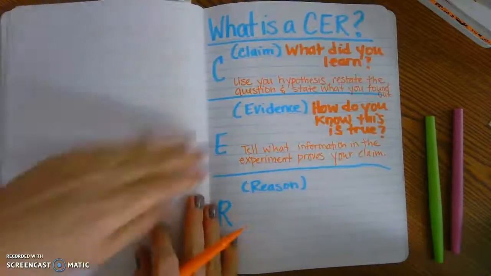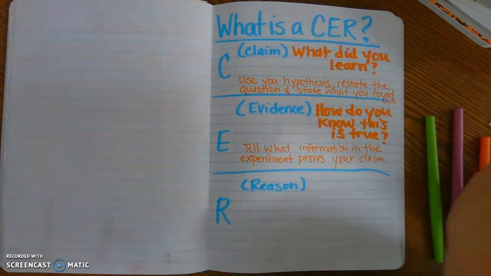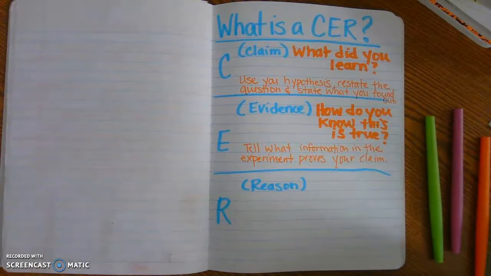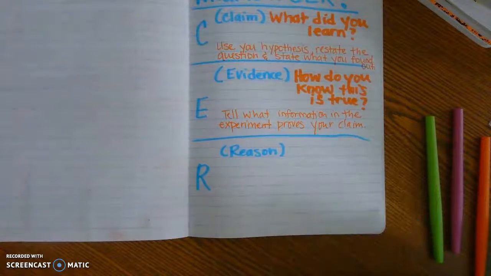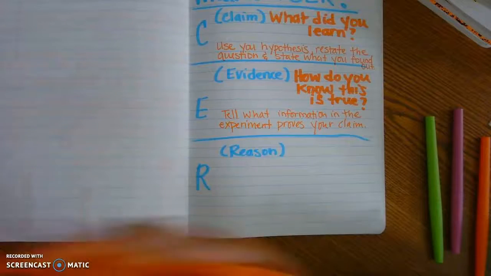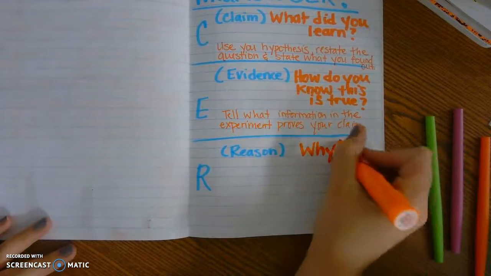Now for the reason. This is where I'm going to kind of pull in some of the things that I know. All right, so for reason, this is the why. I want my orange so it matches. This is the why.